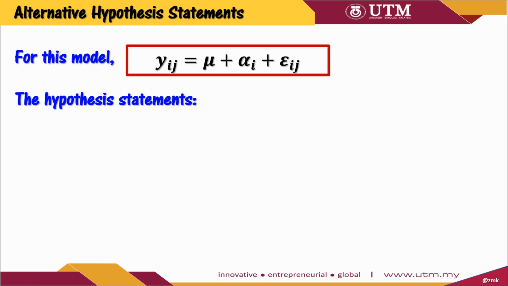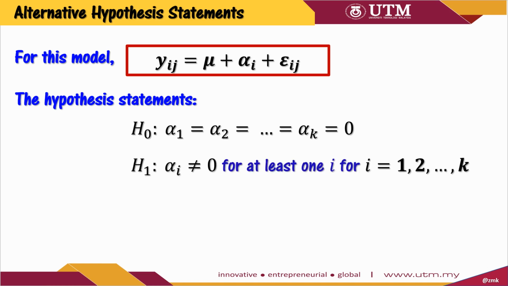Therefore, under the null hypothesis H0, we can alternatively write all level effects alpha 1, alpha 2 up to alpha k are equal to 0, which means under H0, no level effect or treatment effect exists. Whereas under the alternative hypothesis H1, a level or treatment effect can exist where its value is not 0 for at least one i for i equal to 1 up to k.